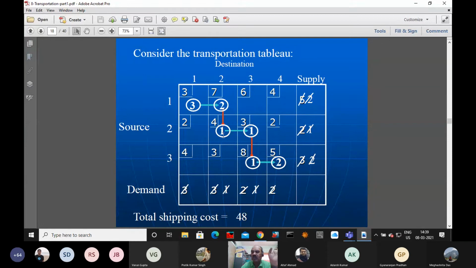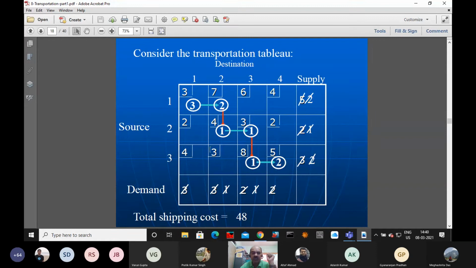So you cannot drop 1 row and 1 column together. You can drop, let us say, this second column. So the first column is gone, then the second column is gone, and the first row is gone.